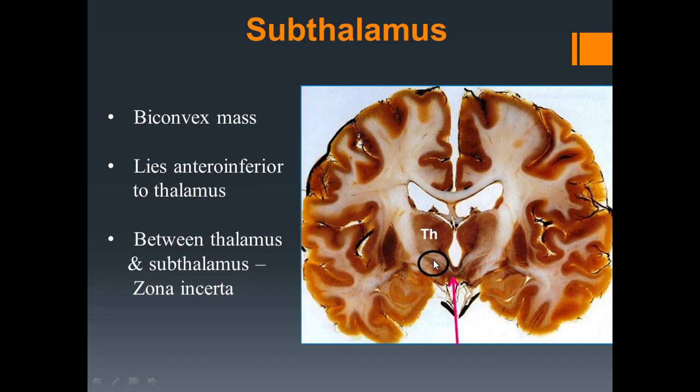This is called the subthalamus. And between the thalamus and subthalamus, there is another small nucleus which is called the zona incerta.